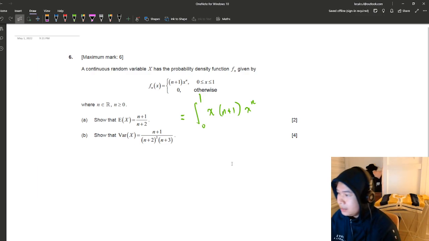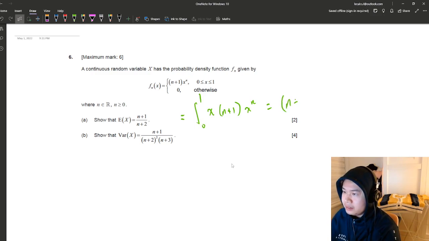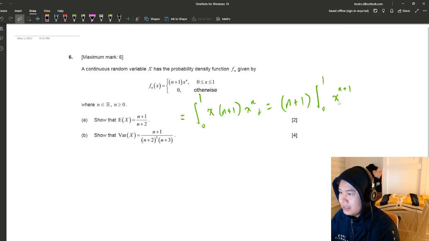The n plus 1 is just the coefficient, so we can pull that out of the integral. And then x times x to the power of n basically just means you have x to the power of n plus 1 from this x. And this is an easy integral to do. Oh, I should write the dx.